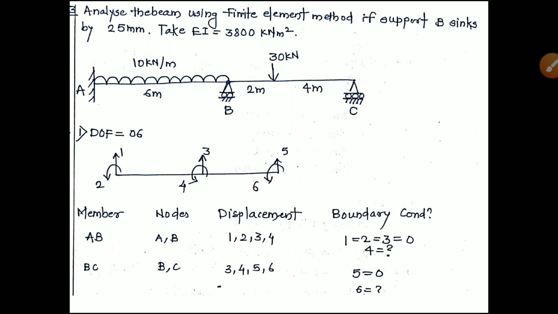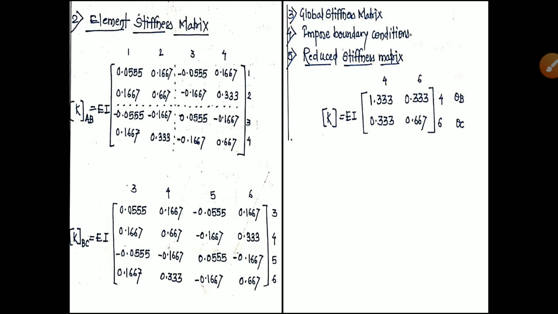Whereas in the total problem there are only two unknowns, that is number 4, theta B, and number 6, theta C. Now second step, write down element stiffness matrices for both elements. First for member AB, according to the standard stiffness matrix of beam, calculating all the parameters 12 EI upon L cube, 6 EI upon L square, 4 EI upon L, 2 EI upon L and giving their proper signs, writing at their proper place.